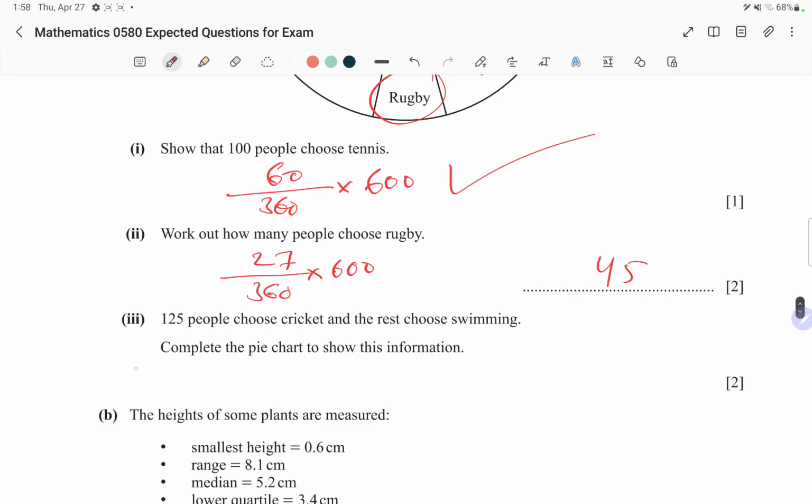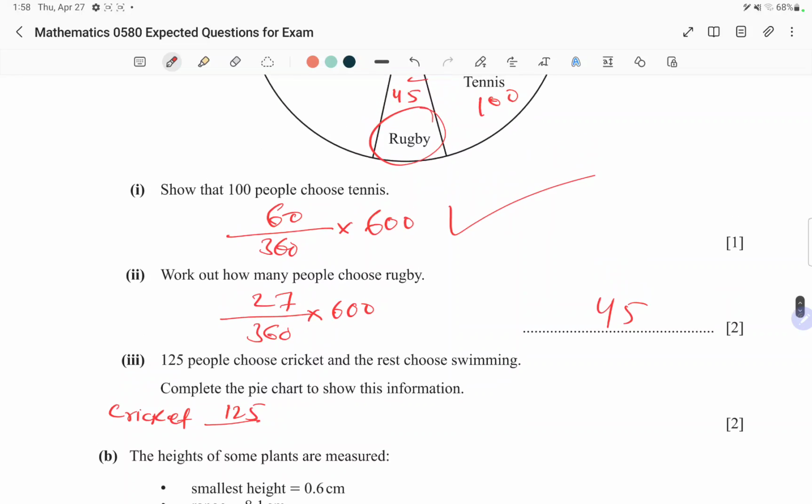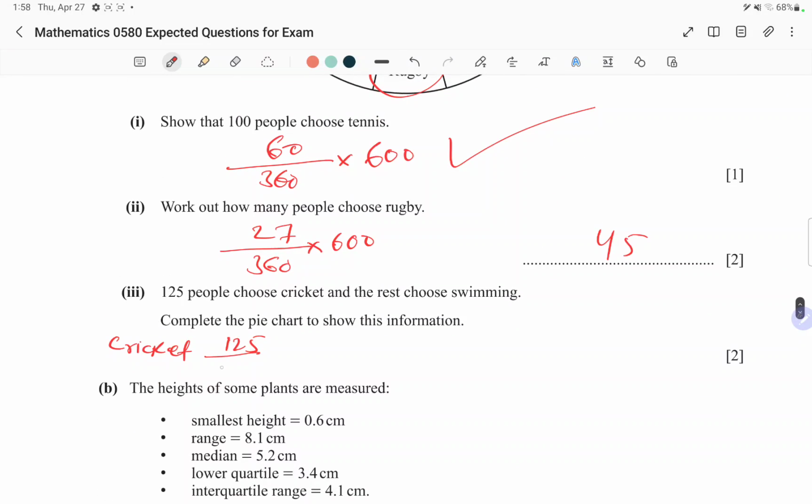For cricket, how much? For cricket, 125 over the total, which is 600, times 360. 125 times 360 over 600, that is 75.